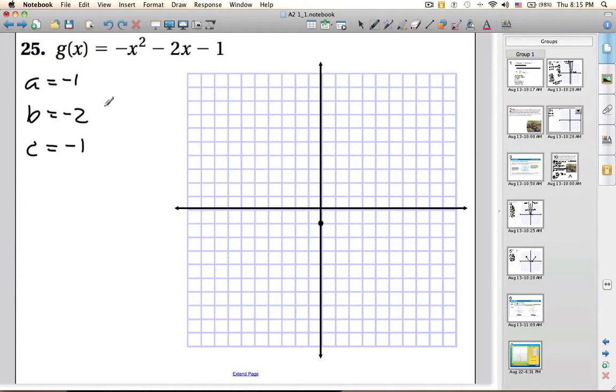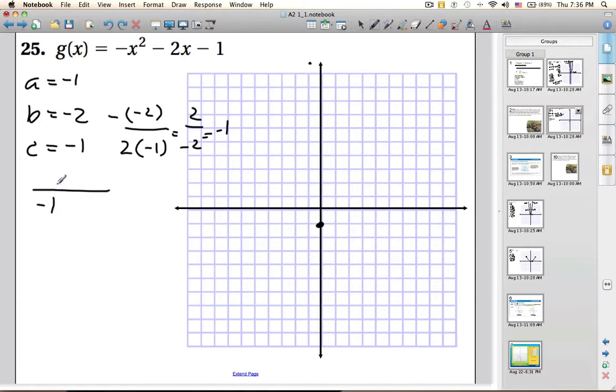So I have the opposite of -2 over 2 times A, which is -1. The opposite of -2 is 2, divided by 2 times -1, which is -2, will be equal to -1. So that's the x-coordinate of my vertex, -1.